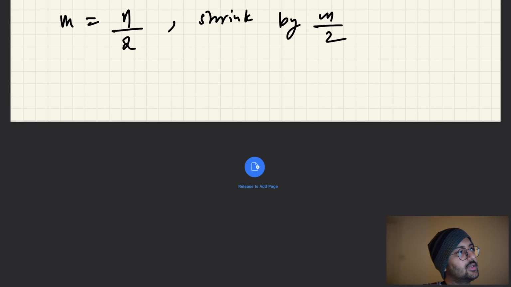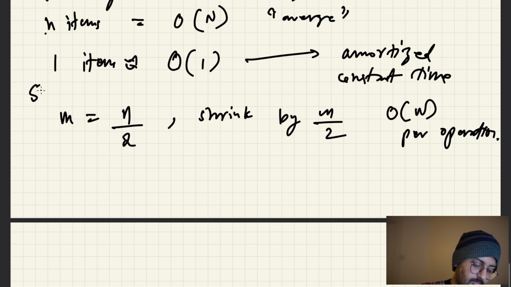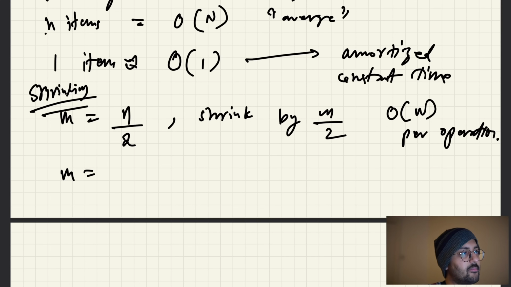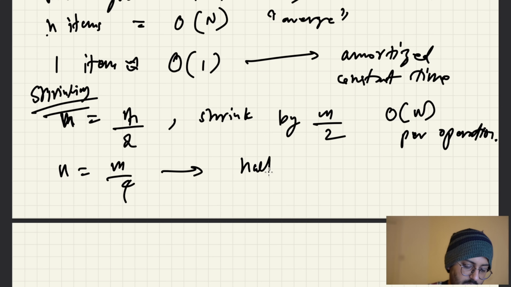But what you're doing is also not very efficient, because this is O of n per operation. So instead, for shrinking, what we have to do is, when the number of elements becomes m by 4, then halve the size.